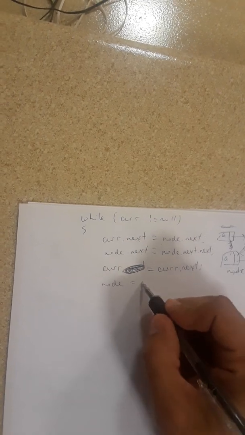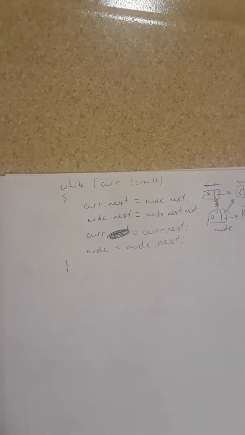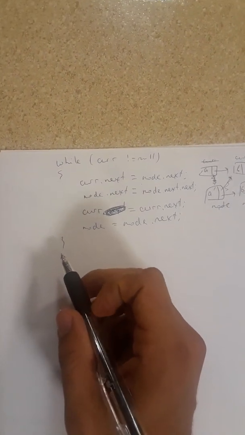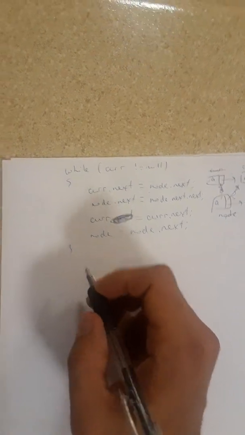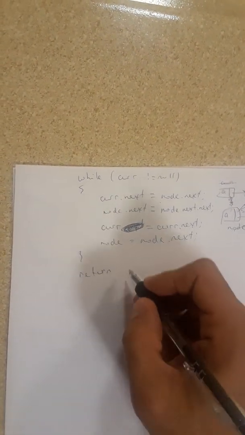So basically in this while loop I'm just removing the pointers between the original one and the cloned one and putting them in the proper order, and after that I will just return the new header.